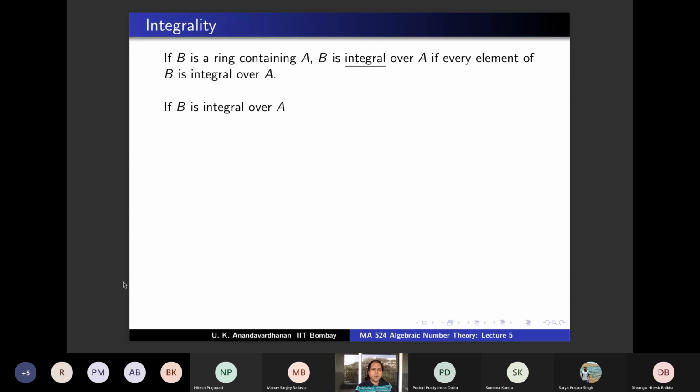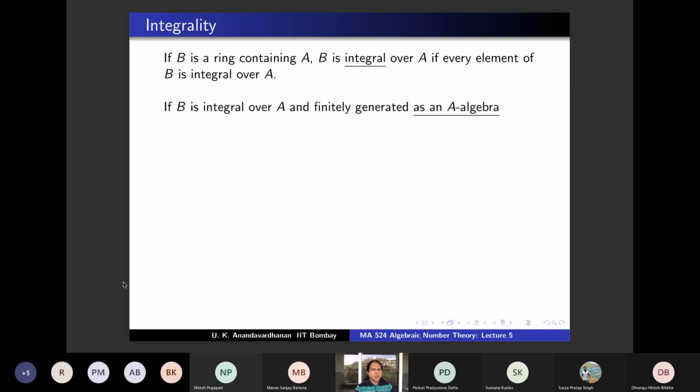If B is integral over A, and suppose B is finitely generated as an A algebra. So what does that mean?